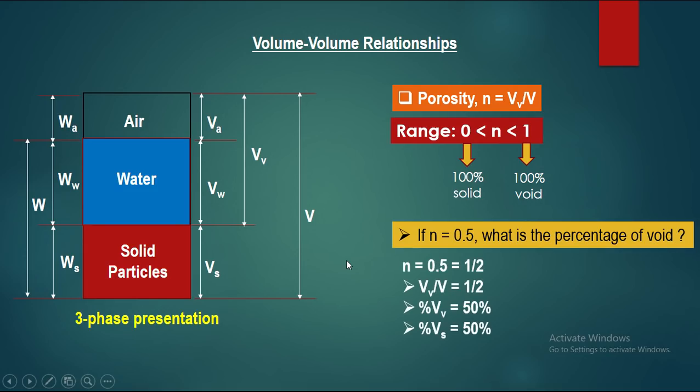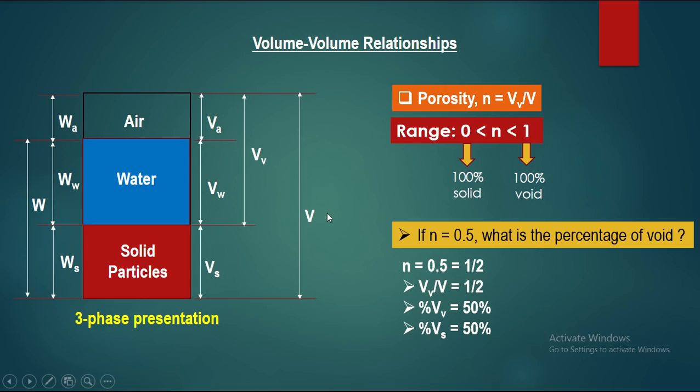So if you take the mathematical expression, that is n is equal to 0.5, that means it is 1 by 2 or 1 upon 2. So n is the volume of void by total volume, which means if the total volume of the soil is 2, the volume of void in this soil will be equal to 1.